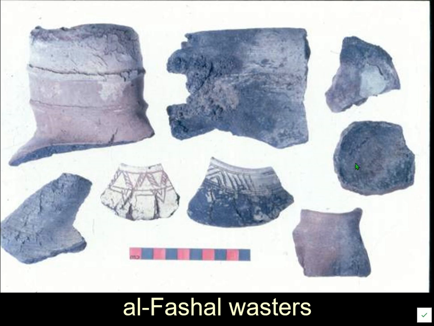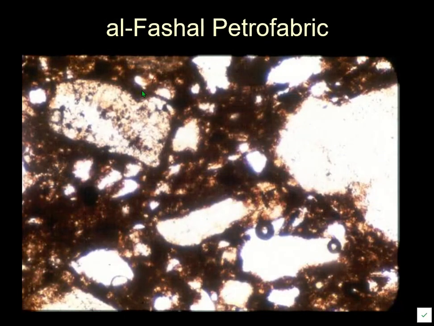Some of it would have been glazed, but it's so badly fired that you can't really identify it. And this is the Al Fashal petrofabric, and it's rather like Zabid, but there's no granophyre in here. So it's quite odd. Why? I assume because there's granophyre upstream from Zabid, but not upstream from Al Fashal. And obviously the petrofabric deities have decided it should be so.